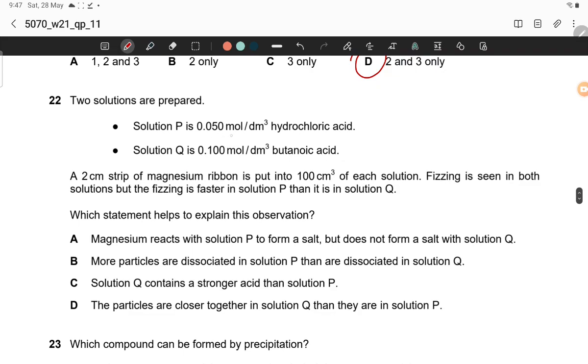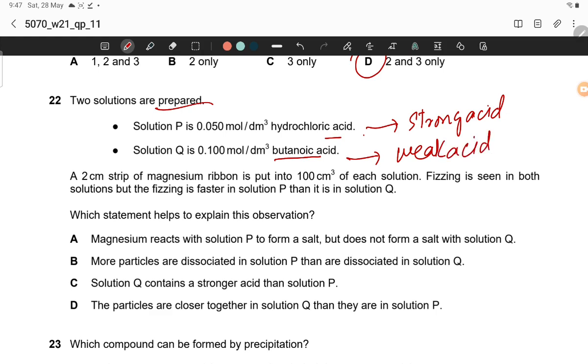2 solutions are prepared. P is 0.050 mole per dm cube hydrochloric acid. Q is 0.1 mole per dm cube butanoic acid. A 2 centimeter strip of magnesium ribbon is put into 100 centimeter cube of each. This is a strong acid, and this is a weak acid.